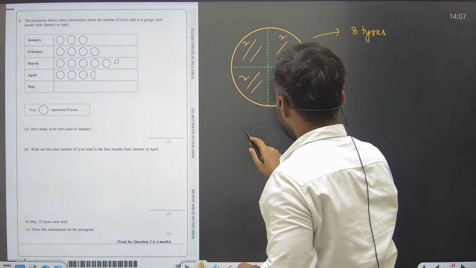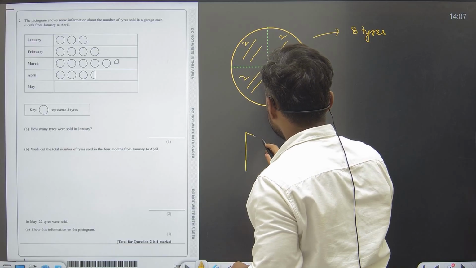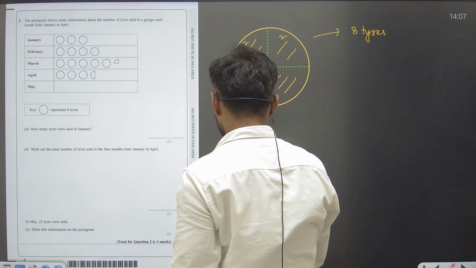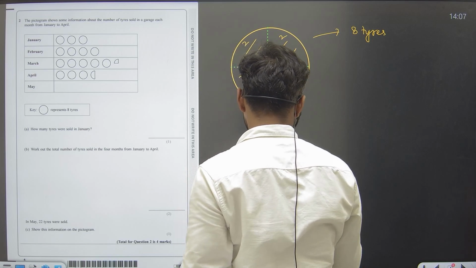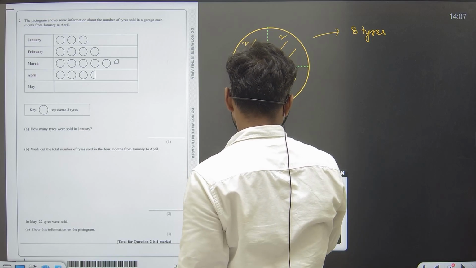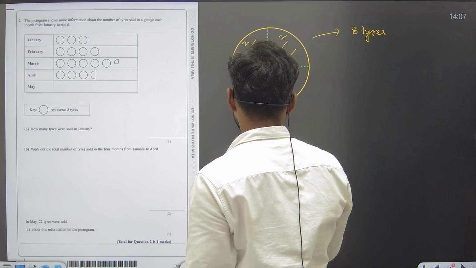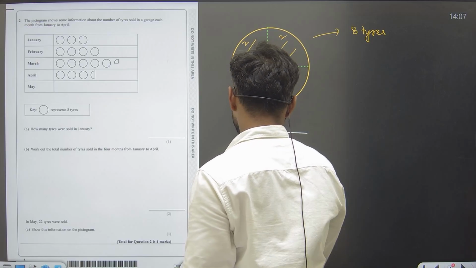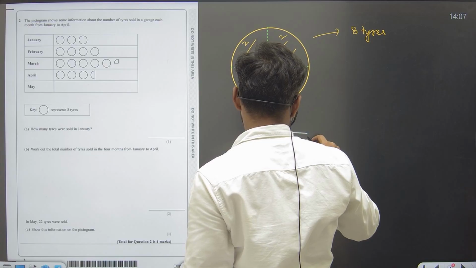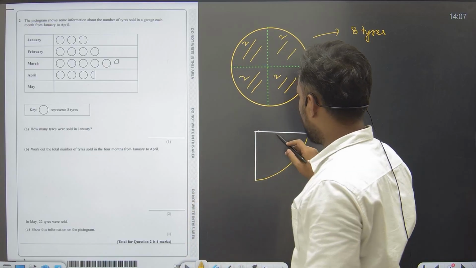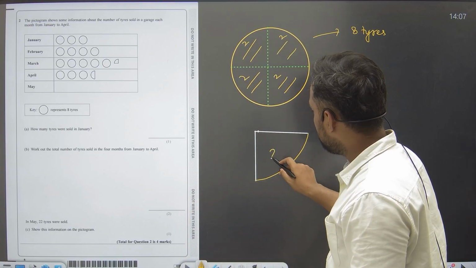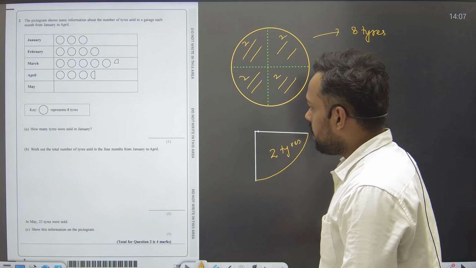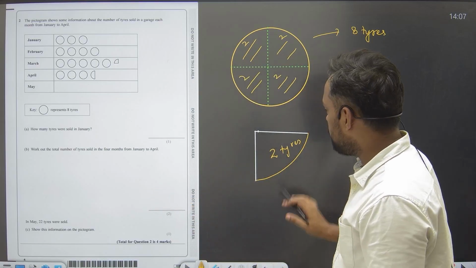So we can say that this 1/4 part will represent 2 tires. Okay, 1/4 part will represent 2 tires.